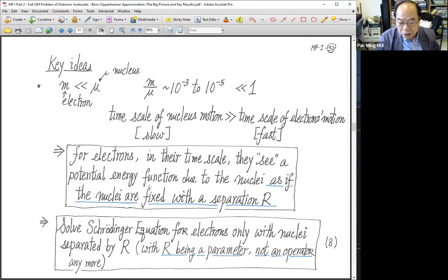So last time I introduced the basic idea qualitatively. Basically, the mass of the electron is thousands or tens of thousands of times smaller than the mass of each nucleus. A nucleus usually, don't think about hydrogen, okay? Hydrogen is only 2,000 times.